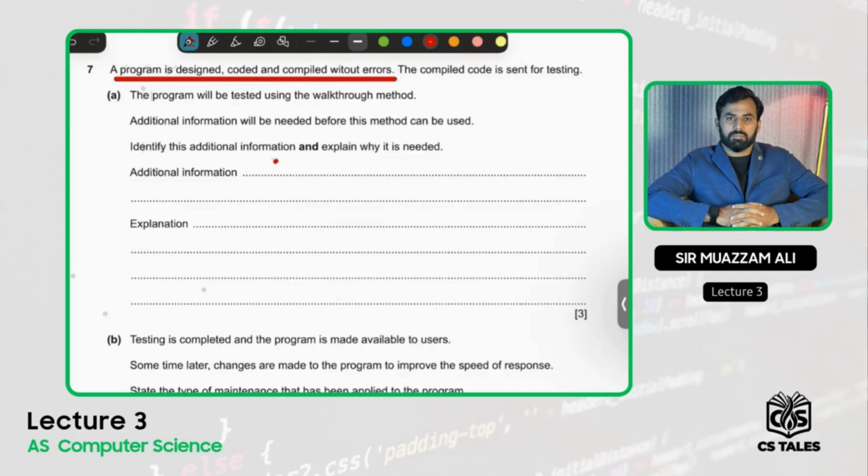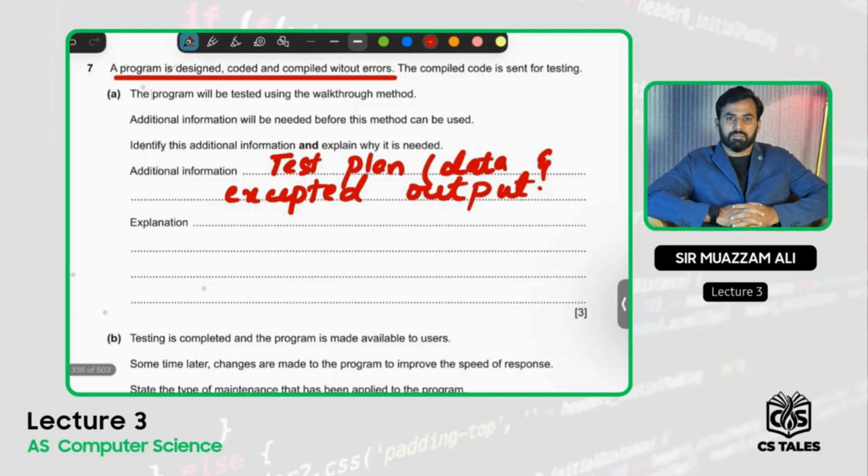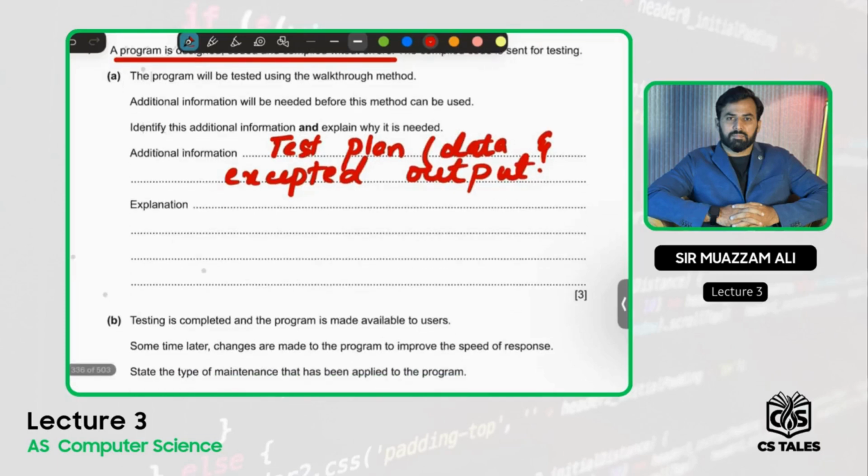So you will test the plan regarding data and expected output. You must know how you are working. Okay. So what is the explanation? You must know about the structure and algorithm of the program, whatever the necessary things are. So all paths going through the program can be tested.